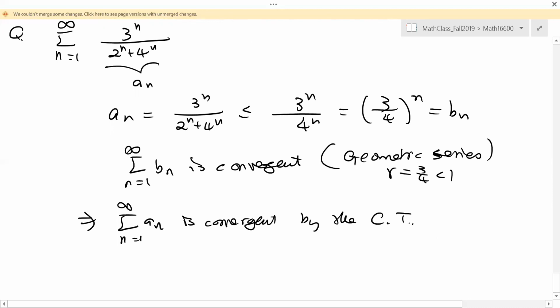You can use a limit comparison test, but you cannot use a root test or ratio test. It's difficult to find a limit, more difficult to find a limit.